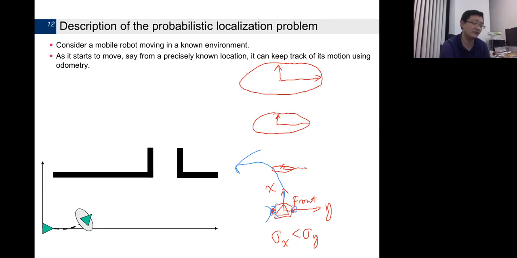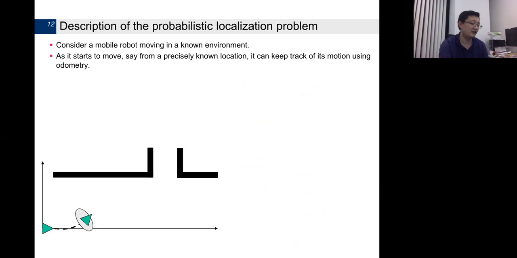You think the robot is moving straight forward, but it actually turns left. So you get higher uncertainty in the Y direction than the X direction. Then this uncertainty will grow. This is called the motion update.